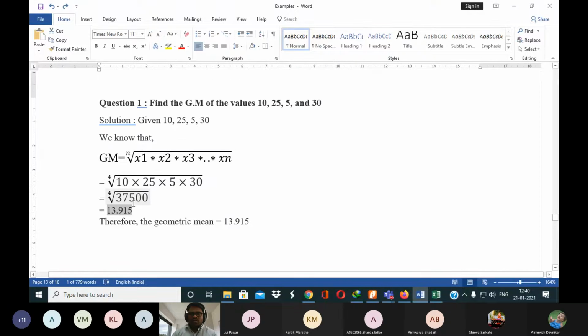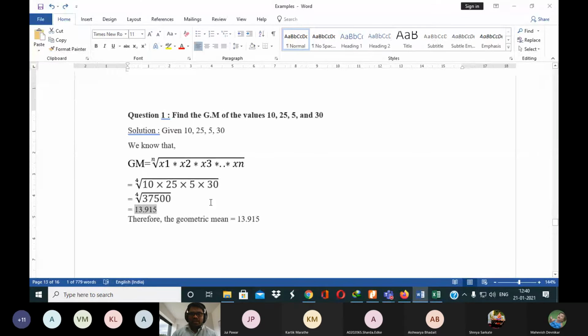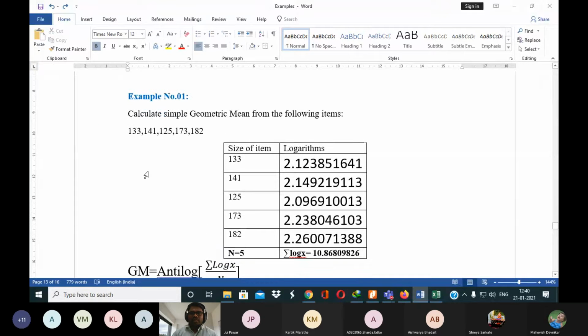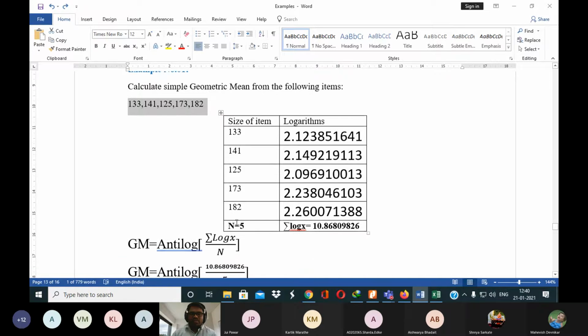Finding the nth root is a complicated process, so for easy calculation we use the logarithmic table. First we need to find out the log value of the particular item, and according to that we put the values into the formula.